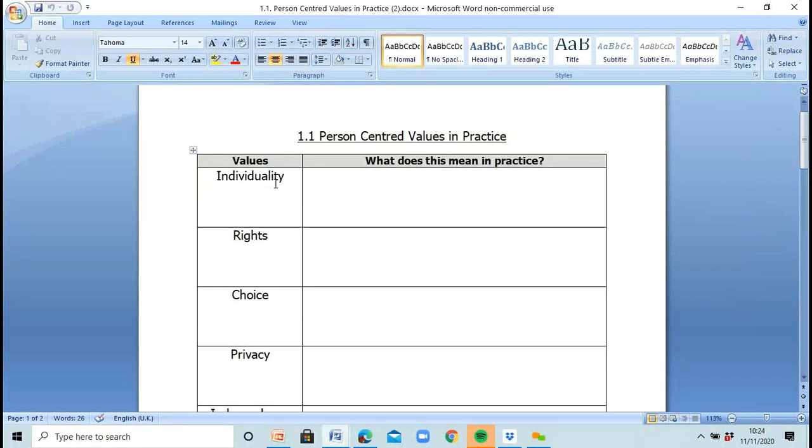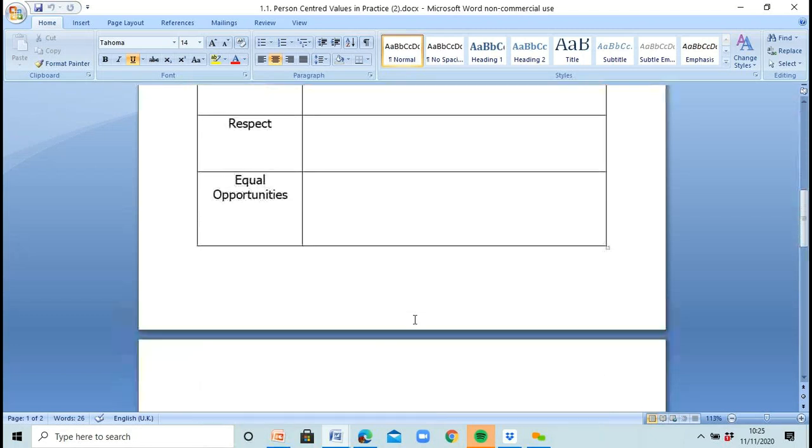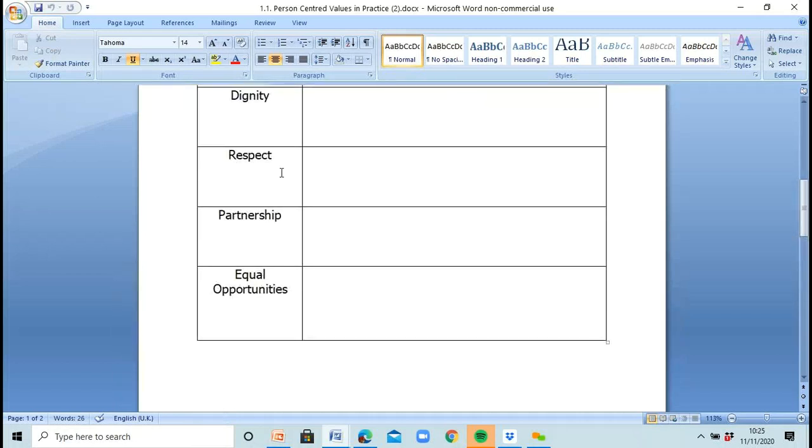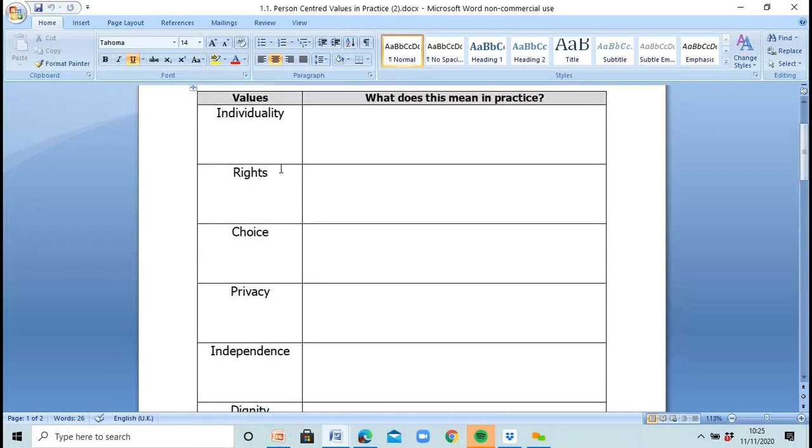I'd like you to answer what these values mean. So individuality, what does this mean in practice? Rights, tell me what this means in practice. And then it's just a few, it's not that many: equal opportunities, partnership, respect, dignity, independence, privacy, choice, rights, and individuality.